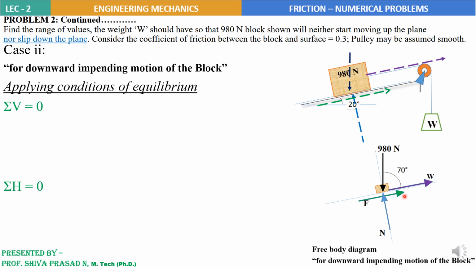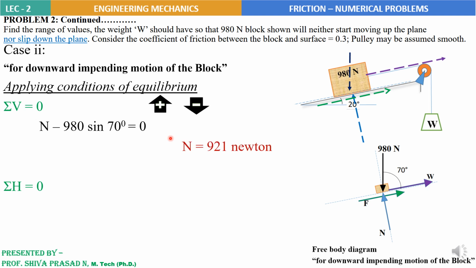So sign conventions for sigma V equal to 0: upward positive, downward negative. So the equation is plus N and minus 980, of course the resolved component has to be taken, minus 980 sin 70 degrees equal to 0. For this, N is equal to 921 Newtons, no change in the value of N.